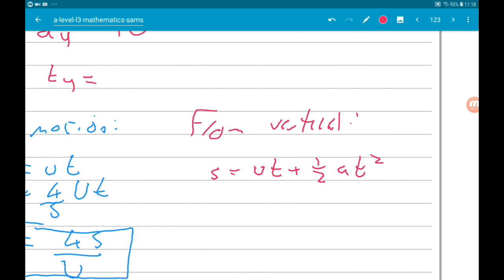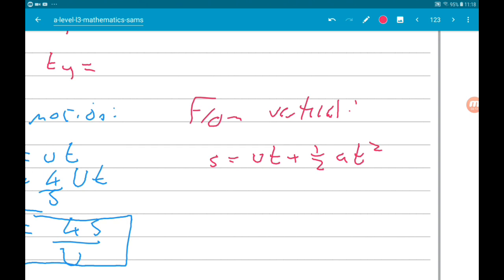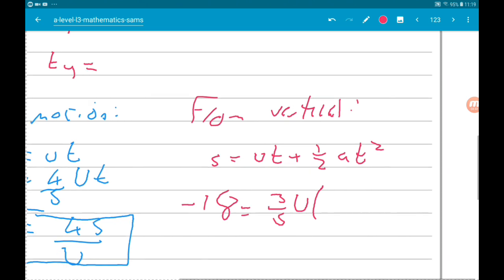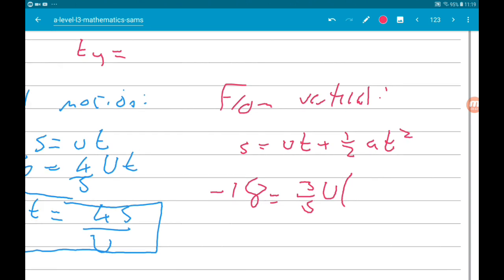So this is going to give us minus 18 is equal to, so u here is 3/5 big U, times t, and t is 45 over u.